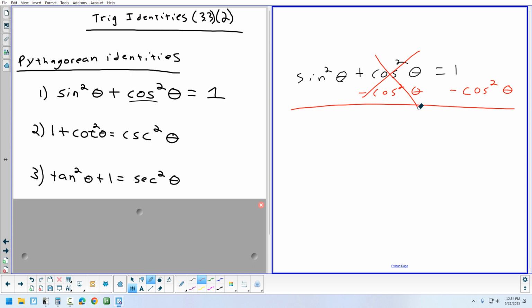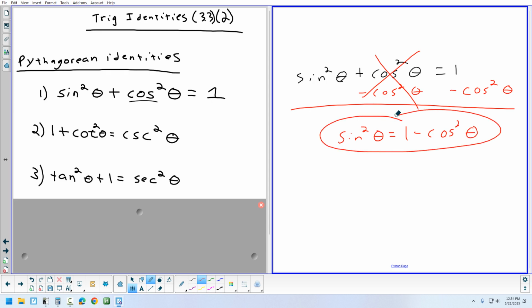Sine squared. Sine squared equals what? 1 minus cosine squared. Yep. That's not a different identity. That's just the first one with something moved to the other side. So you can rearrange these any way you want. You could bring the cosine over to the right. You could leave the cosine where it is and bring the sine over to the right.